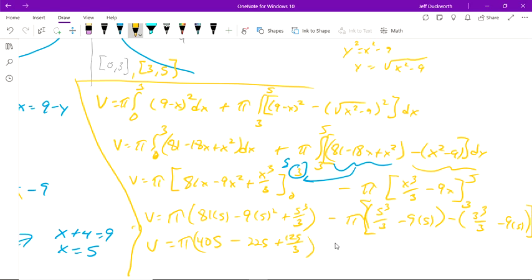Okay. Minus 45. And then here we have, this is minus 3 cubed, so that's 27. And this will be a plus 27.